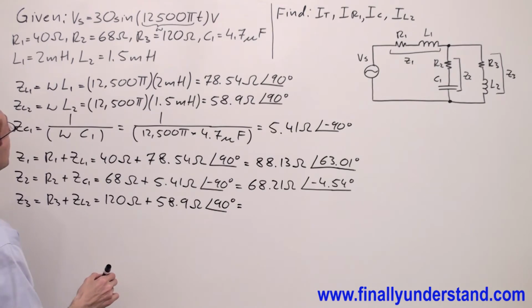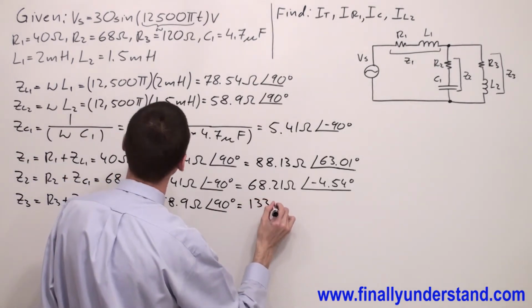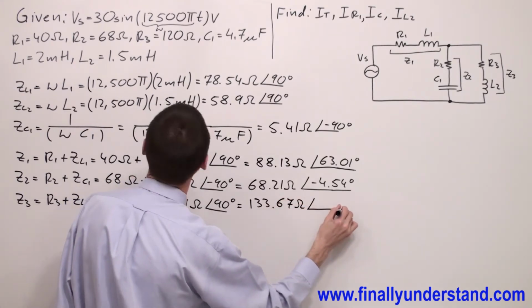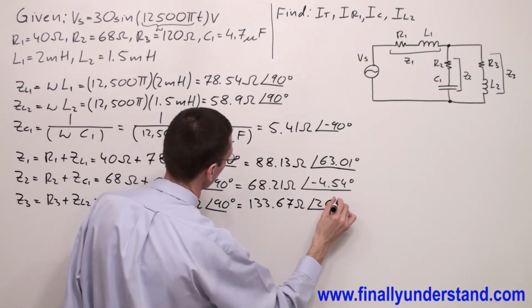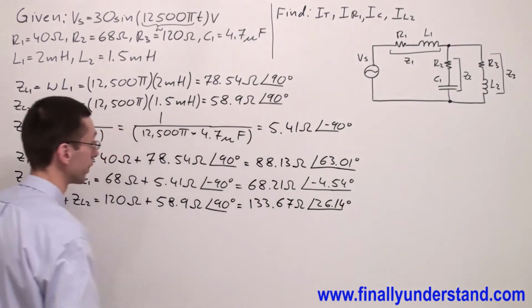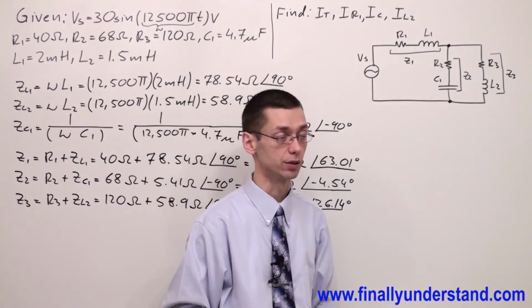This is equal to 133.67 ohms and angle of 26.14 degrees. So we've found all these three impedances.